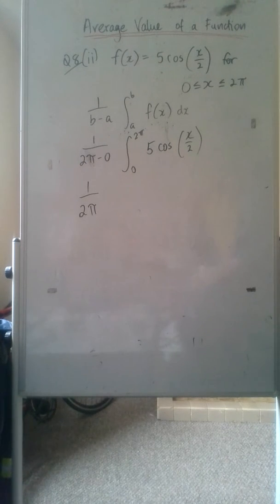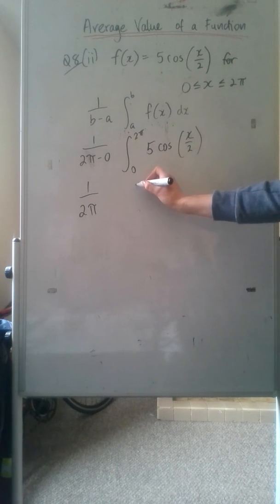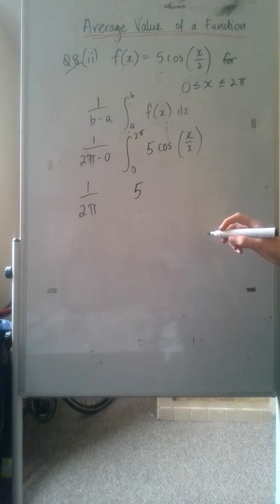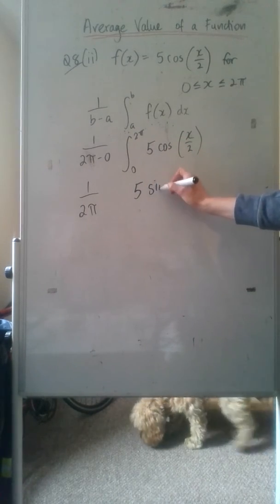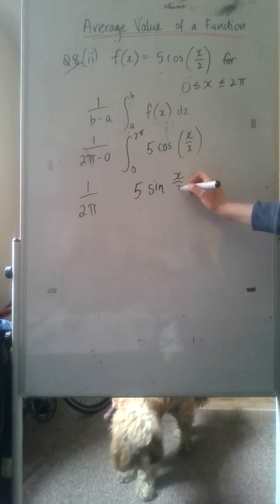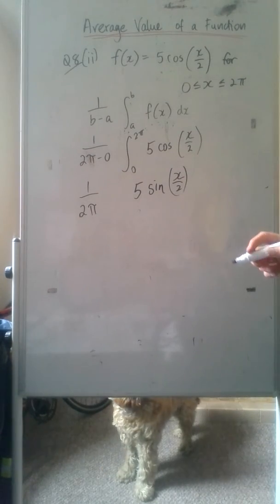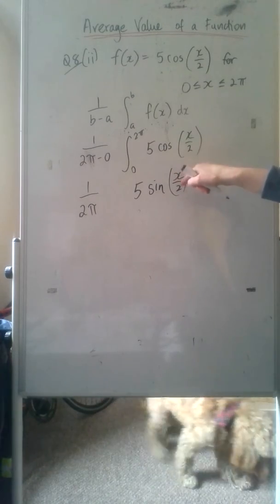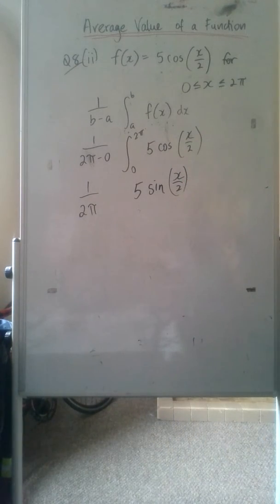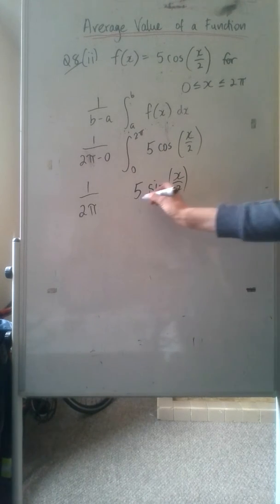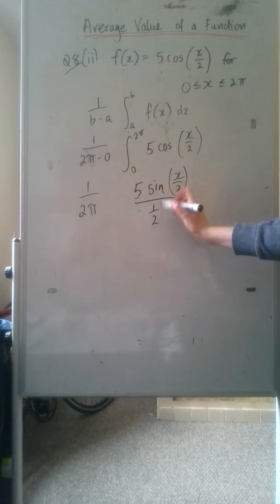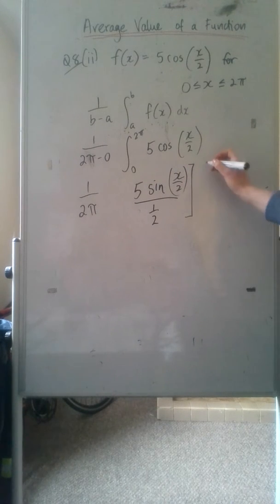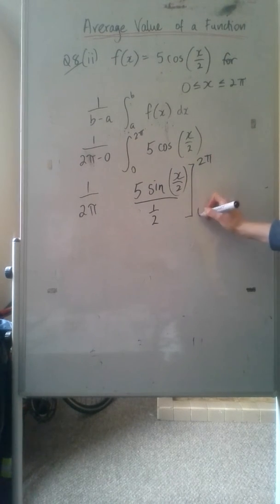So if I integrate this, it's going to become 5, cos becomes sine x over 2, and what I need to do is divide by the number in front of x, which is a half. Remember x over 2 is the same as a half x. So that's over half, between 2 pi and 0.